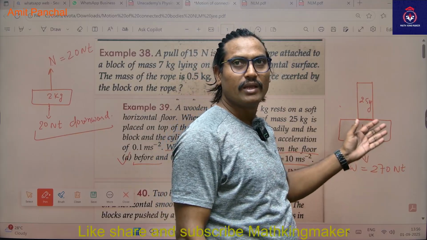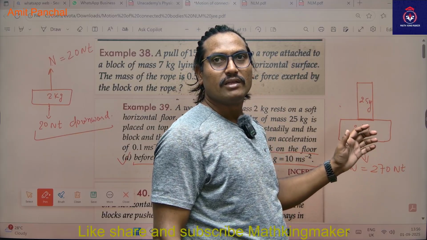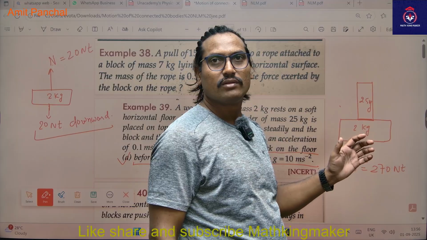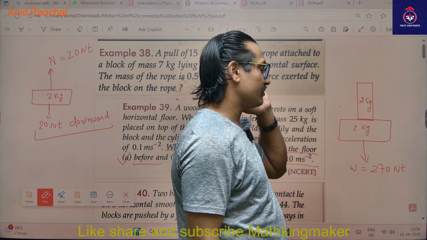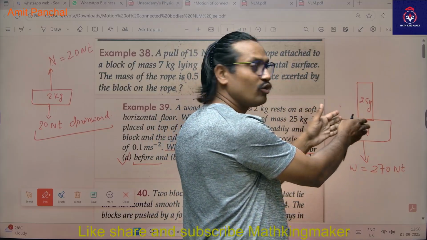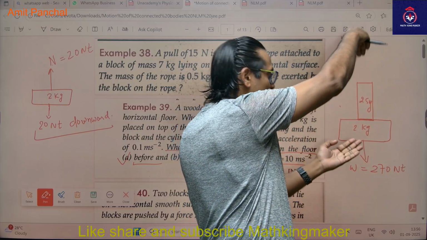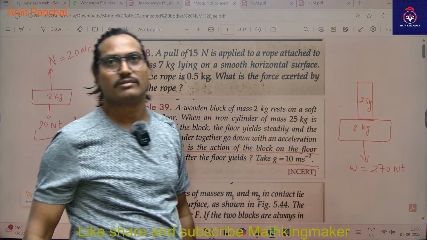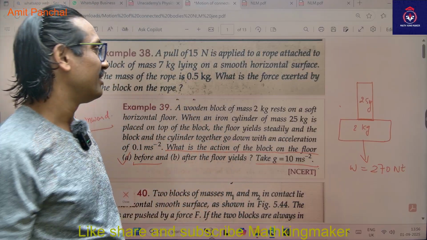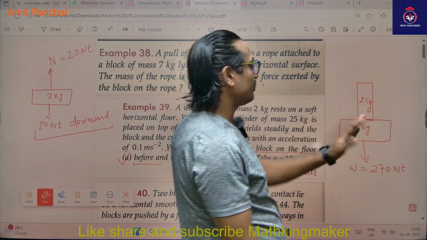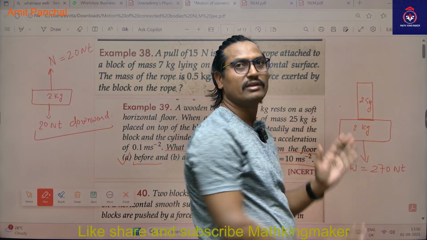But if they are balancing each other, then why are we considering the 25 kilogram block? If they are not balancing each other, that's why the cylinder is going downward, isn't it? But you just said that they're balancing each other. If they are balancing each other, then there will be no motion of the cylinder.